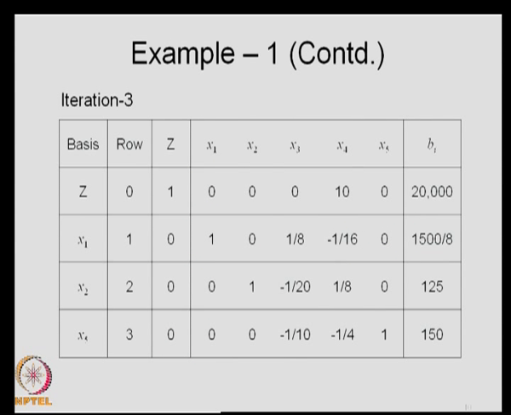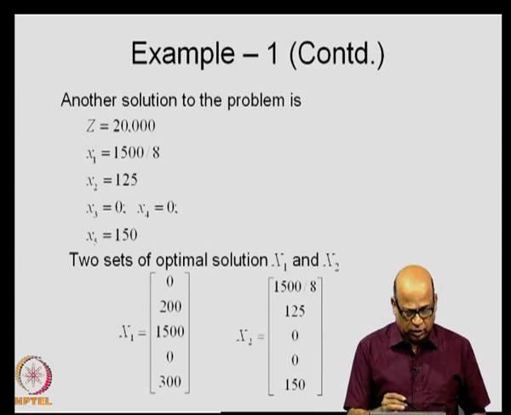The next solution is x1 is equal to 1500 by 8, x2 is equal to 125, x5 is equal to 150, and of course, other non-basic variables, namely x4 is equal to 0 and x3 is equal to 0. So, this is an alternate solution that you obtained corresponding to the previous solution, which means that you got two sets of solutions now.